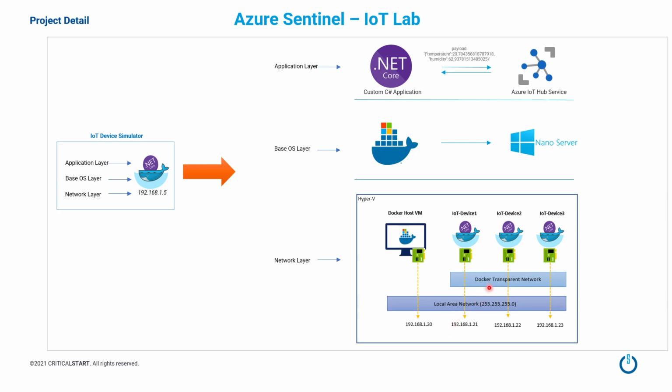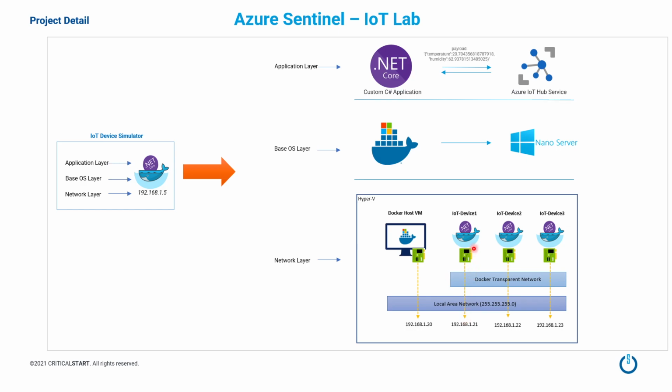And what the lab environment actually does, it lets you deploy a Docker transparent network, which is a component that is part of a Hyper-V instance. And then using that Docker transparent network, each of these Docker containers are actually assigned IP addresses, which are available on the local area network.